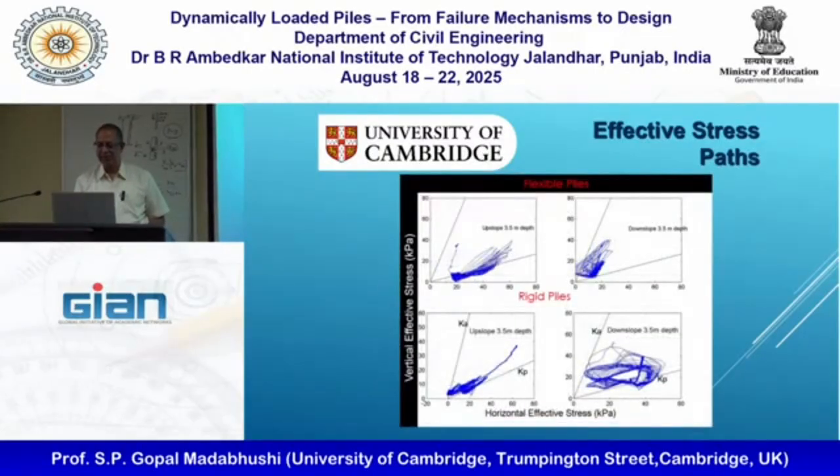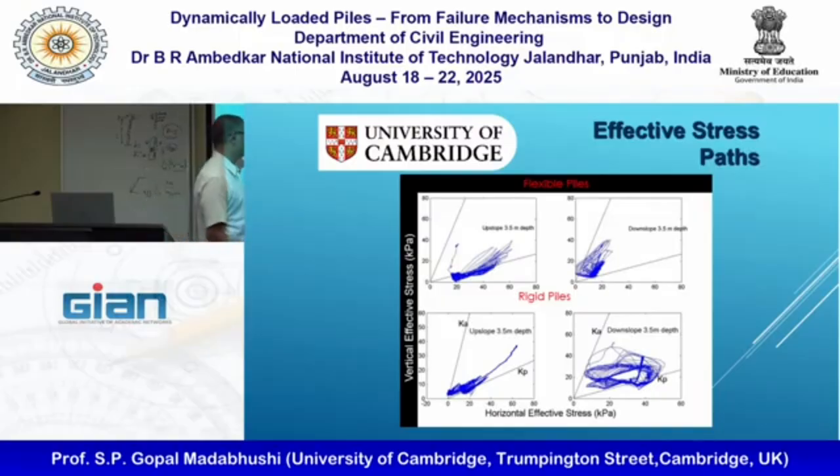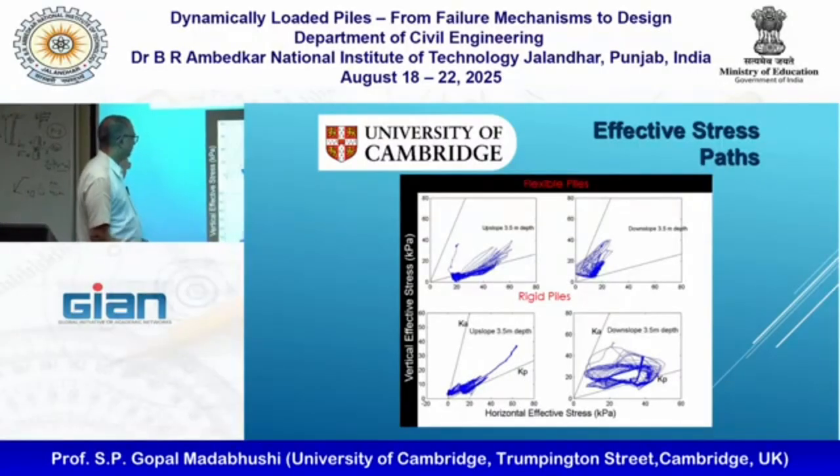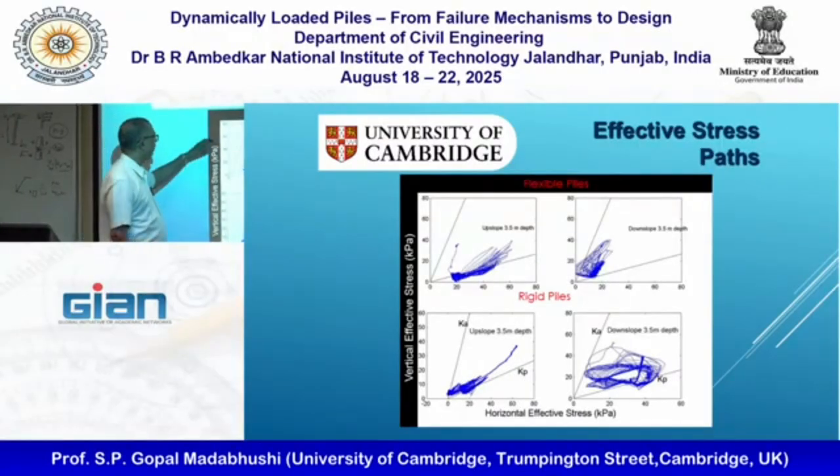So that was for rigid piles. And these are for more flexible piles. The more flexible I am, these are all for the 3.5 meter depth flexible pile on the top and rigid piles at the bottom.